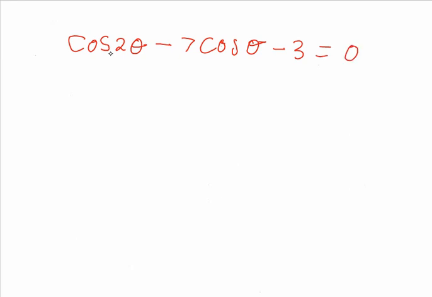So it was cos of 2 theta minus 7 cos of theta minus 3 equals 0.